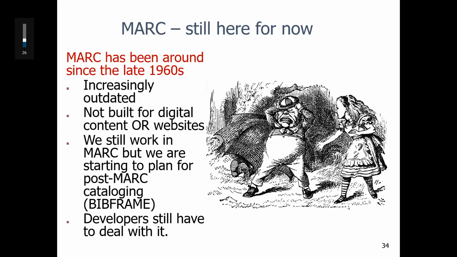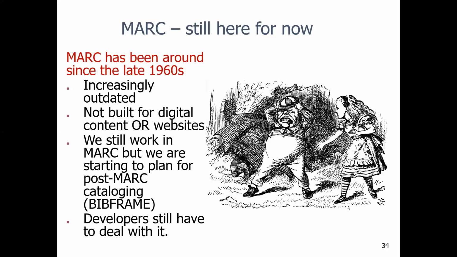It is increasingly becoming outdated, though. And one of the problems that we are finding with MARC is that it just doesn't fit as well with our digital content or our websites. So, you know, Google has a really hard time indexing a MARC record unless our system does something to make that MARC record more understandable to Google.